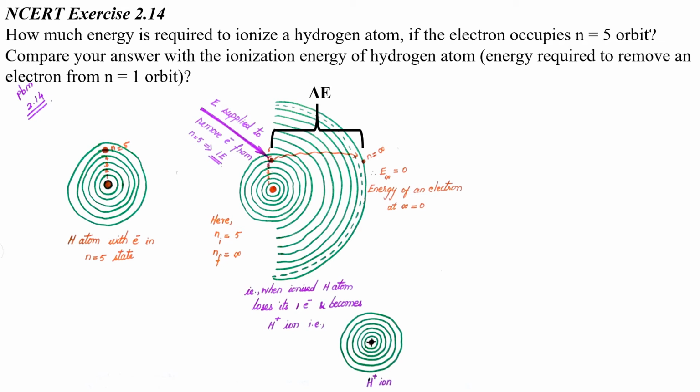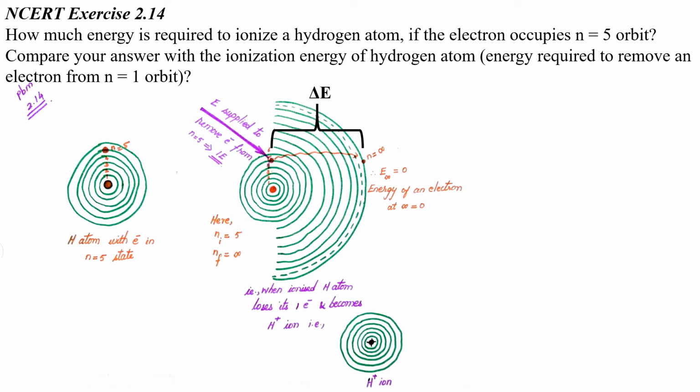You know, when an electron is present at infinite distance from the nucleus, it can be said to be out of the hydrogen atom. Clear?